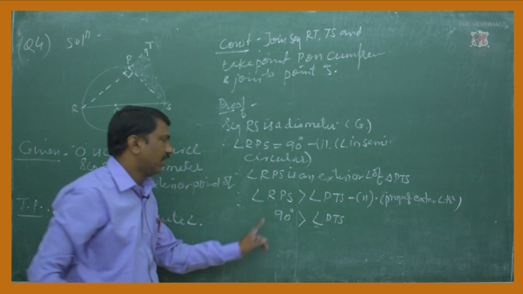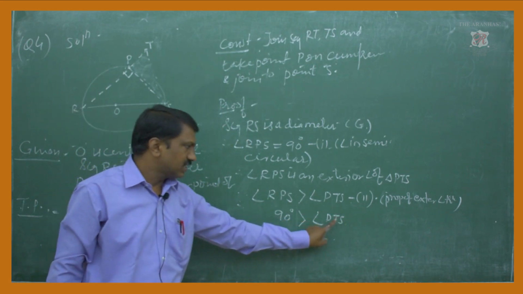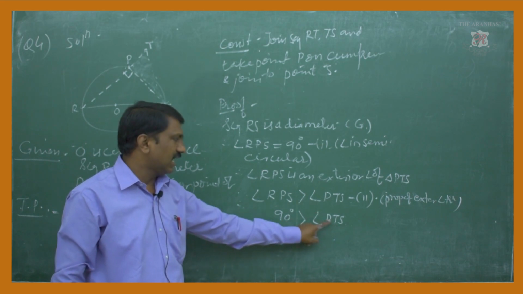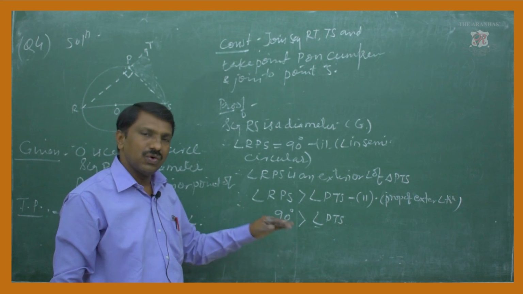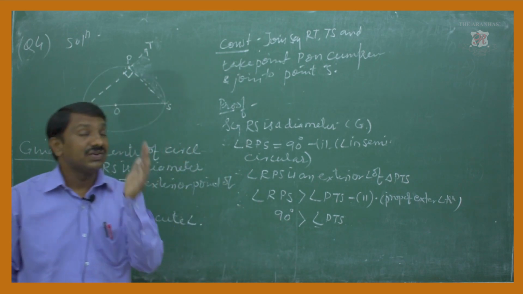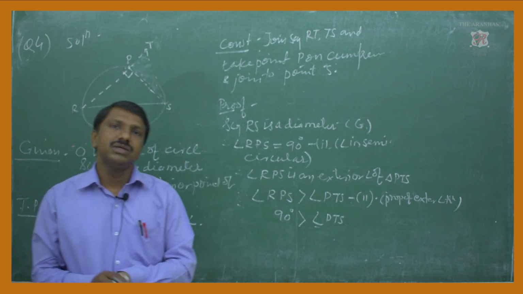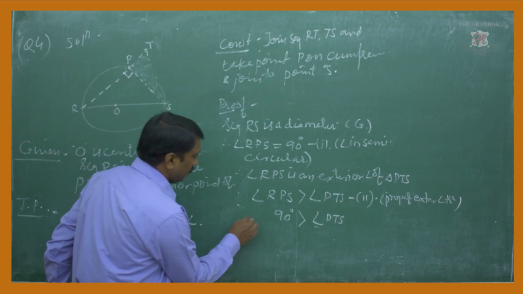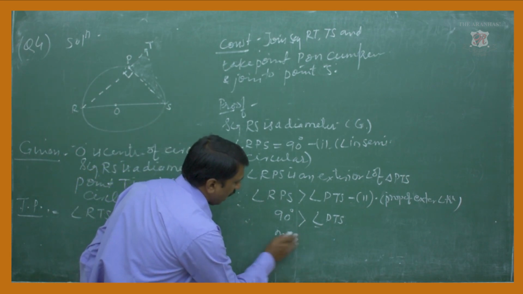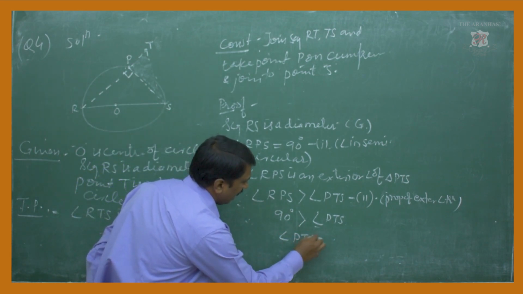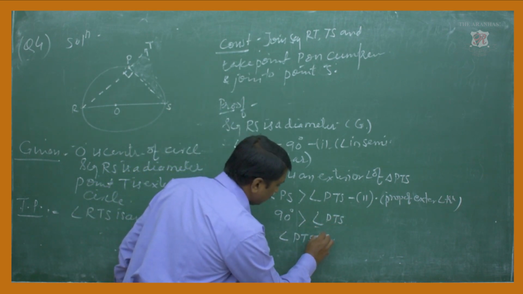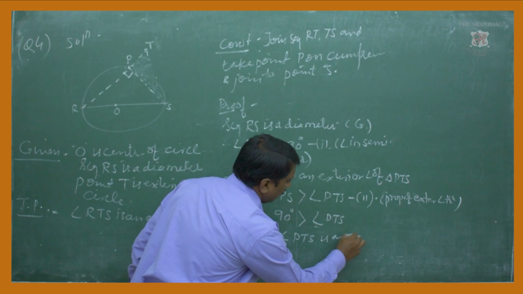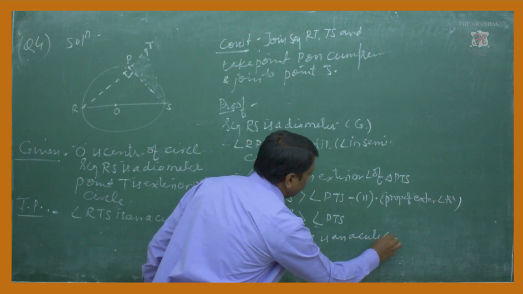So obviously PTS is less than 90 degrees. An angle which is less than 90 degrees is known as an acute angle. Therefore angle PTS is an acute angle.